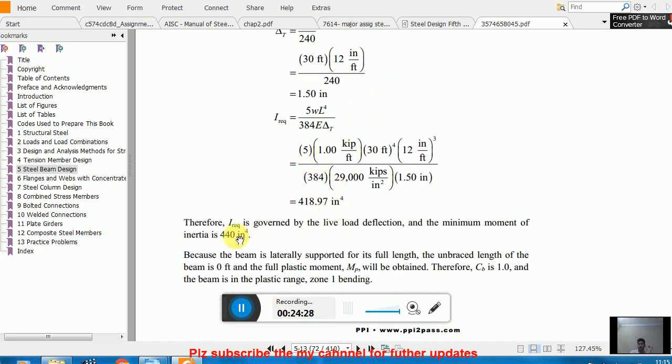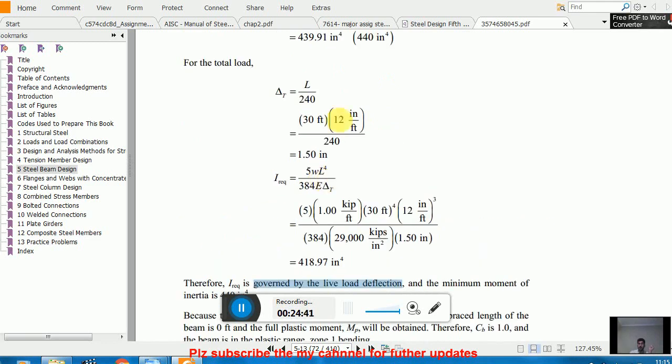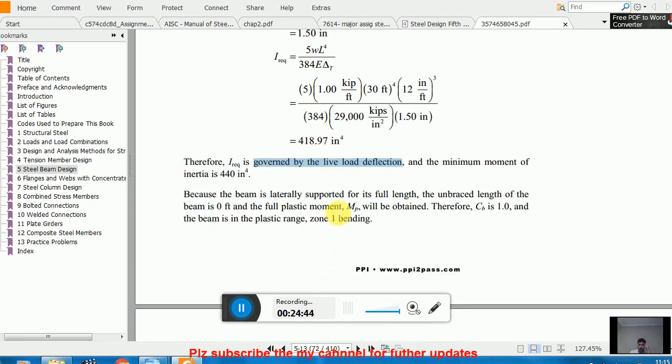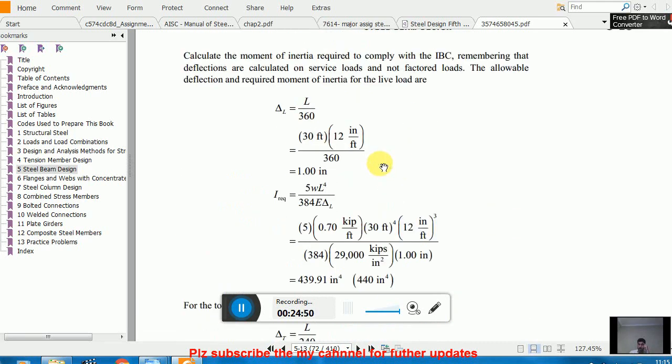So you must differentiate things. Therefore I required is governed by the live load deflection, remember, not by the total deflection. And the minimum moment of inertia is 440, just a round figure.